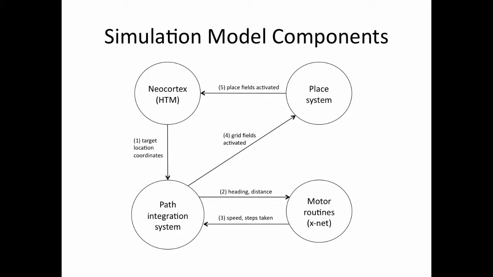And every time it takes a step, the steps it's taken and the speed it's moving at get passed back to the path integration system, which calculates through a set of fields called the grid cells, which are a sort of geometric overlay to the current environment, where it physically is on that path it had previously calculated. And those grid cells then activate the corresponding places back in the place system in the hippocampus, and that generates the trajectory that we see in the experiment. And those trajectories get forwarded over to the neocortex.